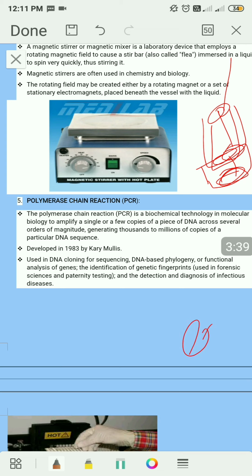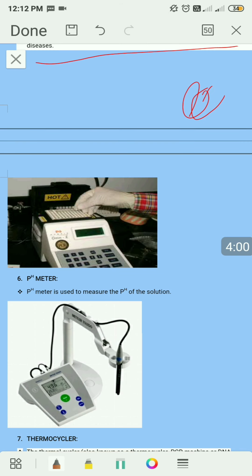It was developed in 1983 by Kary Mullis. It is used in DNA cloning for sequencing, DNA-based phylogeny, functional analysis of genes, identification of genetic fingerprints, used for forensic and paternity testing, and detection and diagnosis of infectious diseases. As you can see, this is a PCR machine, one of the most important inventions.